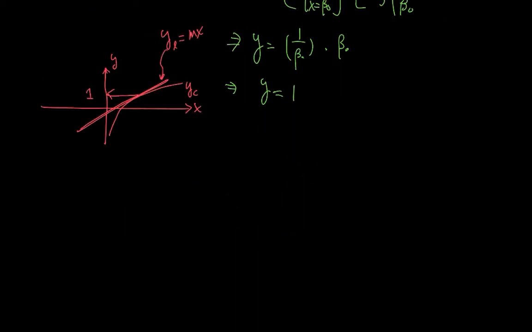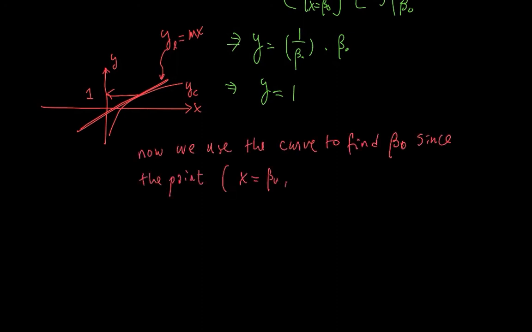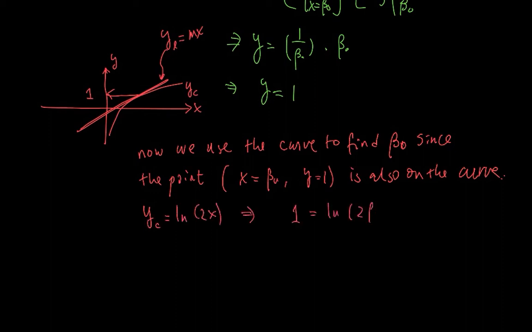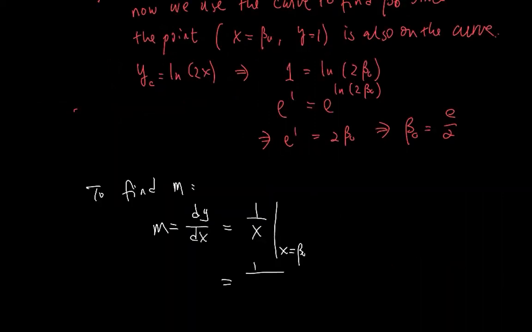I'm going to use that information, y equal to 1. I'm going back to my curve to find my beta 0, because beta 0 and 1 is the point shared by the line and the curve. I can use two pieces of information to find that. Using y equal to natural log of 2x, going back there, I find beta 0 is actually a number. It's e over 2.